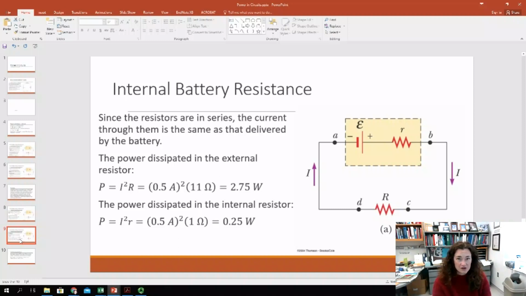If you want to write the equation for the power dissipated in an external resistor, and you know the current and the resistance, which we do, then you write P is equal to I squared R. That's 0.5 amps squared times 11 ohms for the external resistor, and that's a power dissipated in the external resistor of 2.75 watts. The power dissipated in the battery, in the internal resistance, would be I squared little r, or 0.5 amps squared times 1 ohm, which is 0.25 watts.